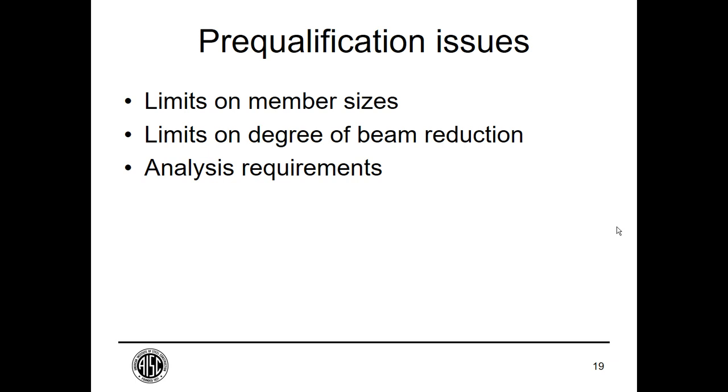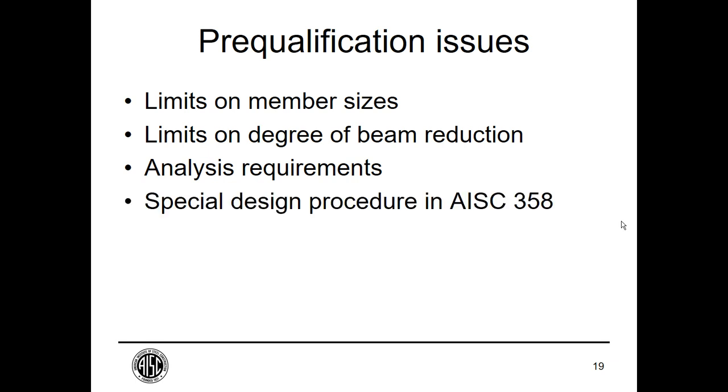There are some analysis requirements because we are doing something to the beam that affects its stiffness. That affects the overall drift, and that has to be reflected in our analysis. And there's a design procedure outlined in AISC 358 that helps you go step by step and make sure that you've checked all the limit states and ended up with an appropriate design.